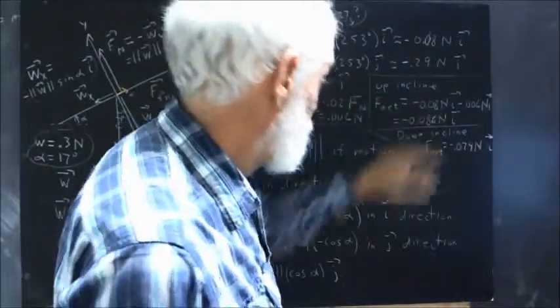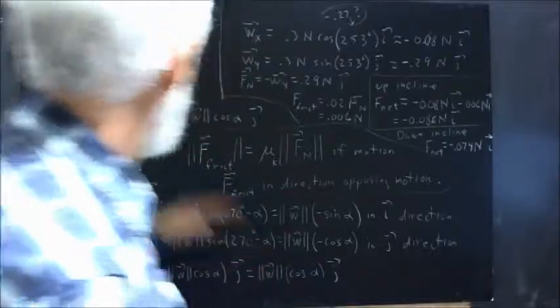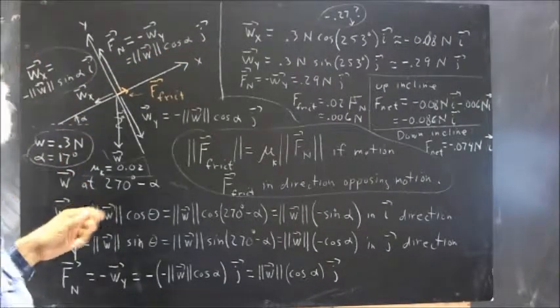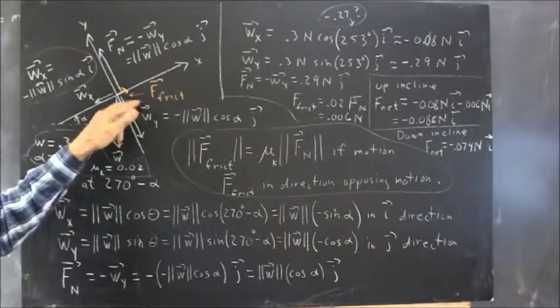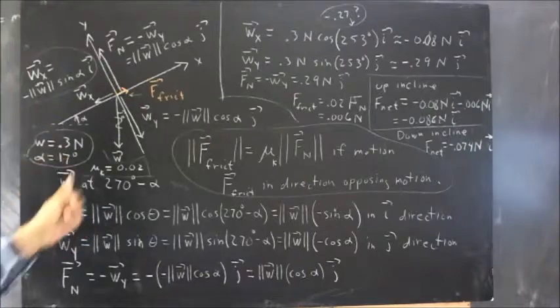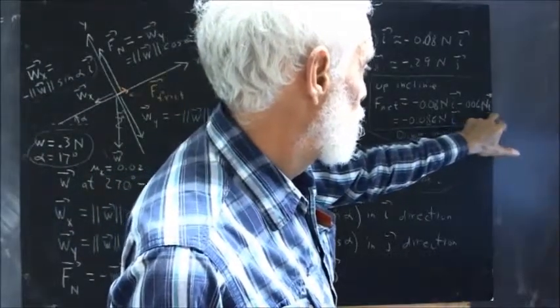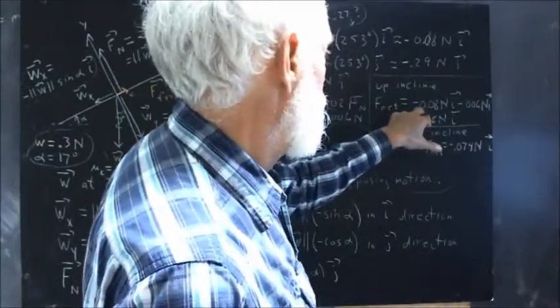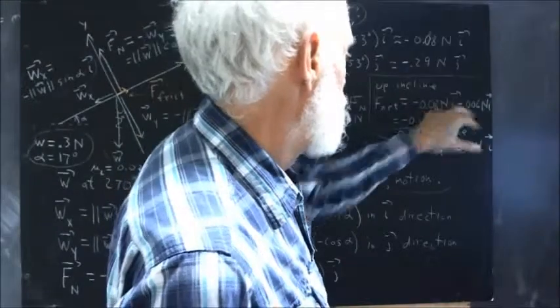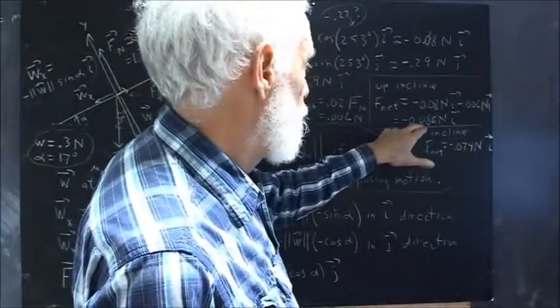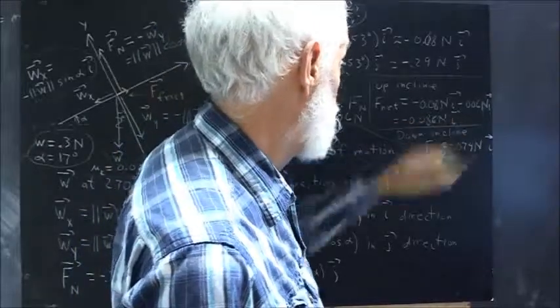If it's moving up the incline, then the frictional force is going to be down the incline, unlike the way I've drawn it here. So you're going to have a frictional force of negative 0.006 newtons times I, and that reinforces the negative 0.08 newtons times I that we have here, giving us a net force of negative 0.086 newtons times I.